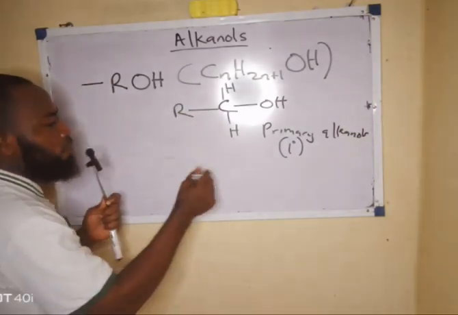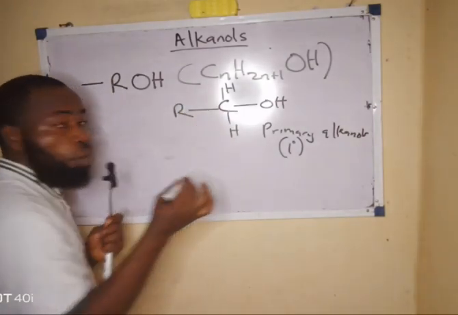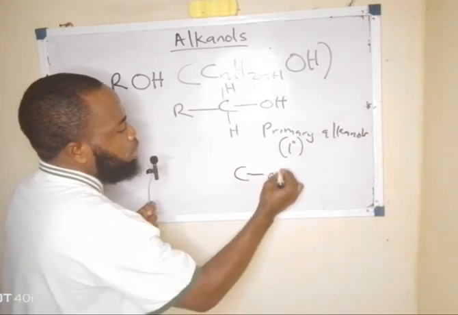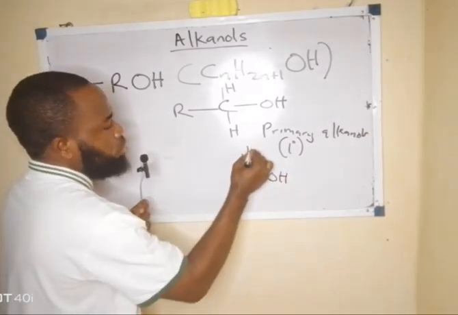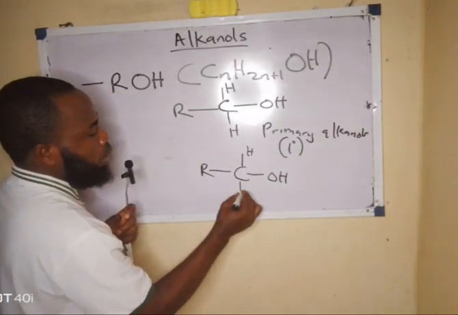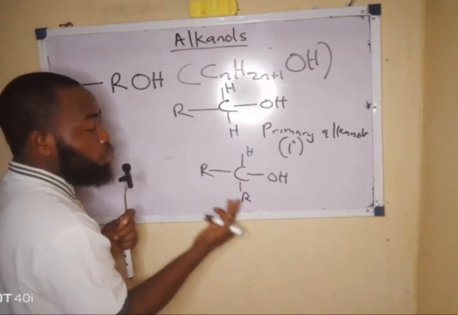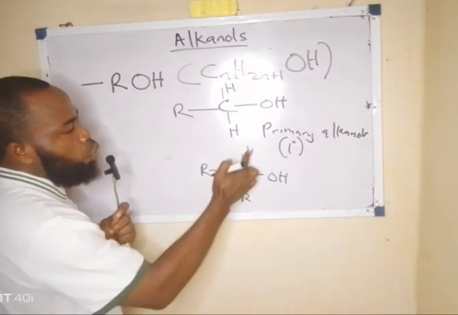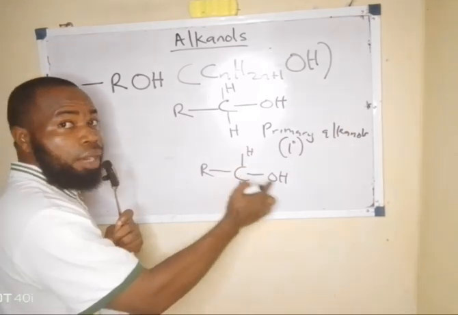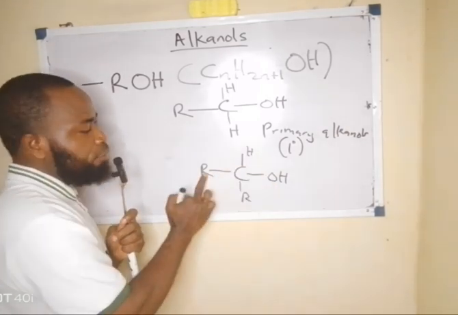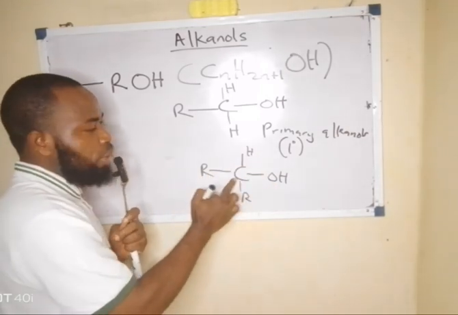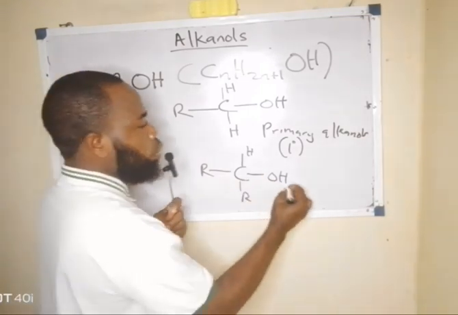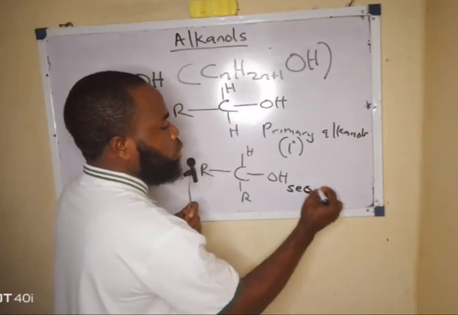But if I have a general formula that conforms to this, we have OH, we have H, and we have R, and R. The alkyl groups might be the same or different, it doesn't really matter. If we have one hydrogen attached to the carbon that carries the OH, or we have two alkyls attached to the carbon that carries the OH, it simply means that this alkanol is a secondary alkanol.